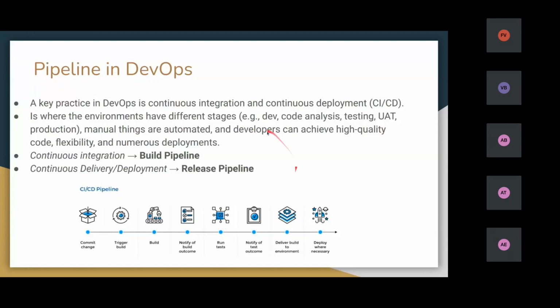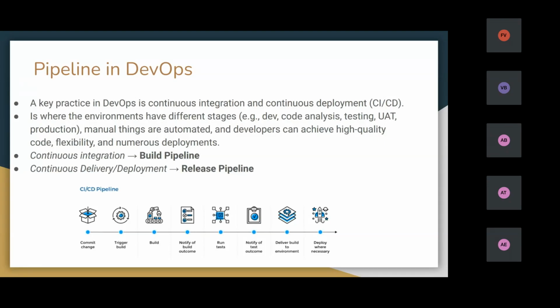So here it will deliver the build to the dev environment. If you are using continuous delivery, a manual intervention is needed for it to deploy to the dev environment.